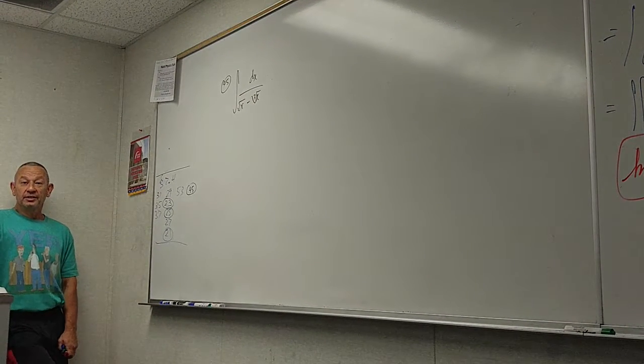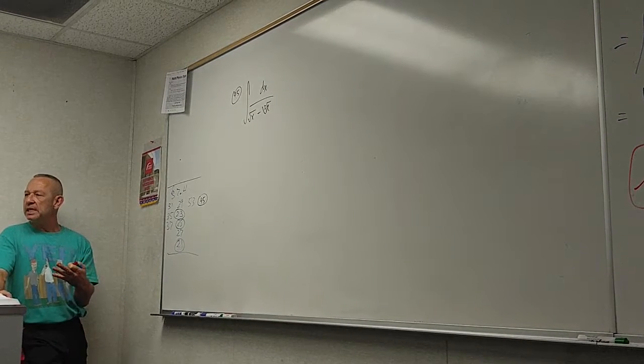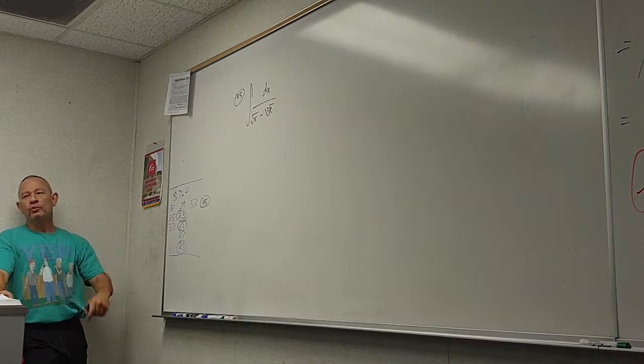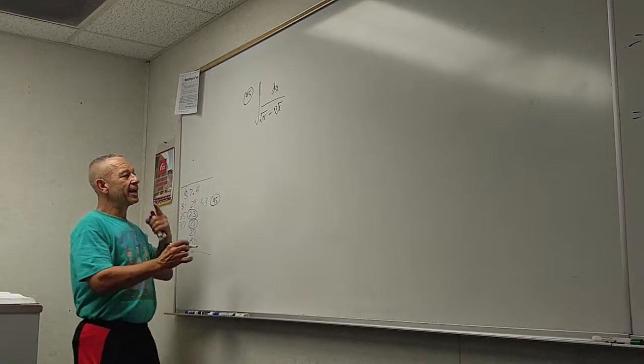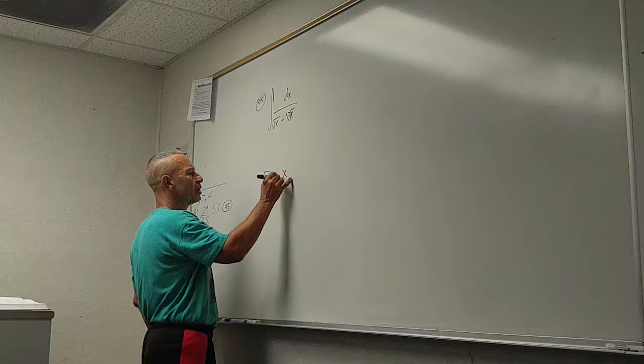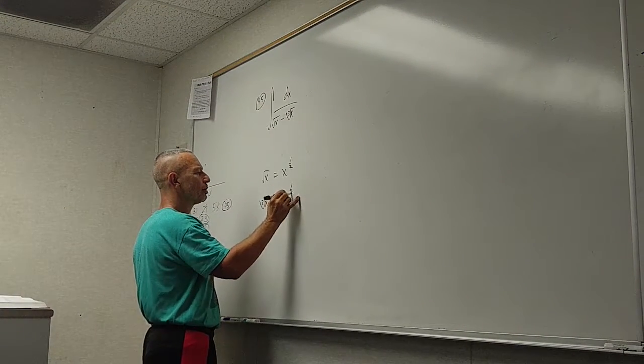Radicals suck. Let's get rid of radicals. I want to let x be some power of t that will cancel both a square root and a cube root. Remember, rad x is x to the 1/2 power. Cube root x is x to the 1/3 power.